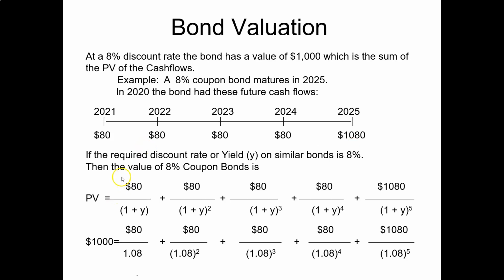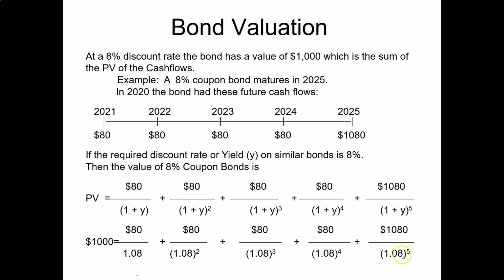Given the discount rate as 8%, now we can calculate the present value for this bond. We have 5 cash flows. Then we calculate the discounted value of these cash flows. In the first year, we receive the cash flow as $80. The discounting factor for the first year will be 1 over 1 plus interest rate. So it will be $80 over 1.08.